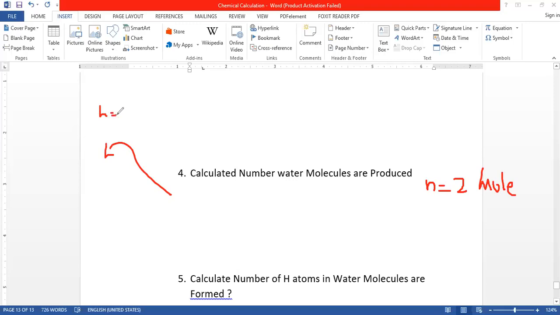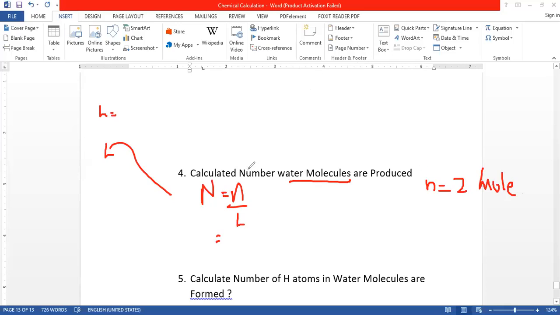Avogadro constant is 6.022 into 10 to the power 23. So mole is given and the number of water molecules they ask. So capital N is equal to simple n over L.